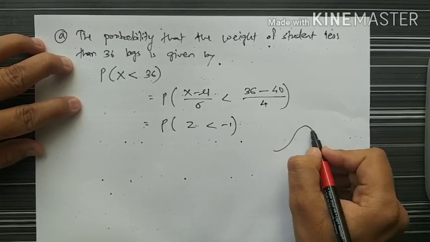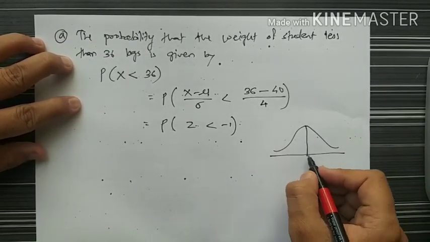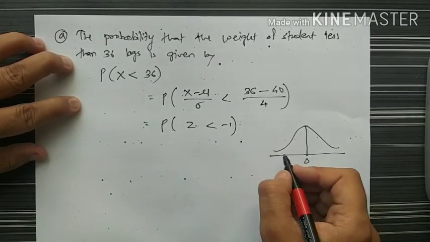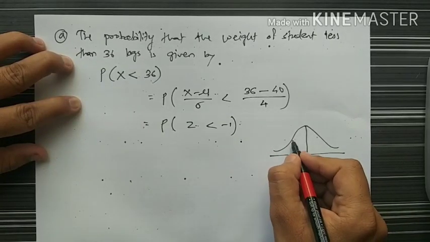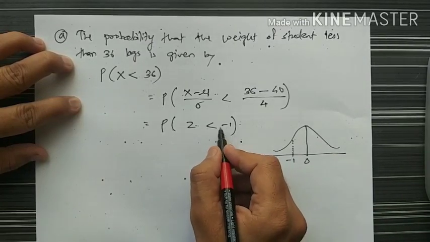To find this area, we will quickly draw a standard normal curve. Here is 0, and the cutoff point minus 1 is here. We have to find the shaded area below minus 1.